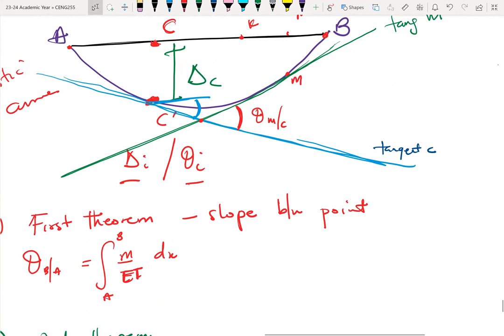When I draw the tangent passing through C, shown with the yellow highlights, the vertical distance from point M on the elastic curve to the tangent at C, this vertical measurement here, we call it TMC.